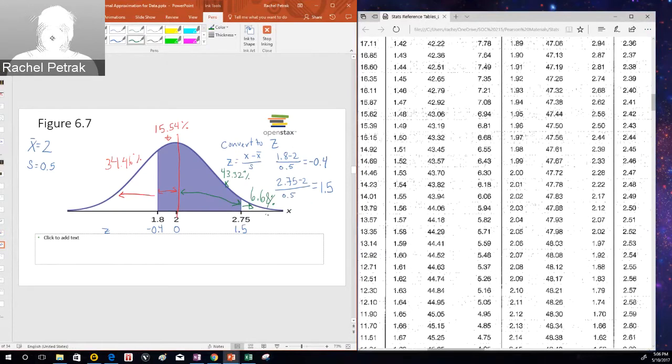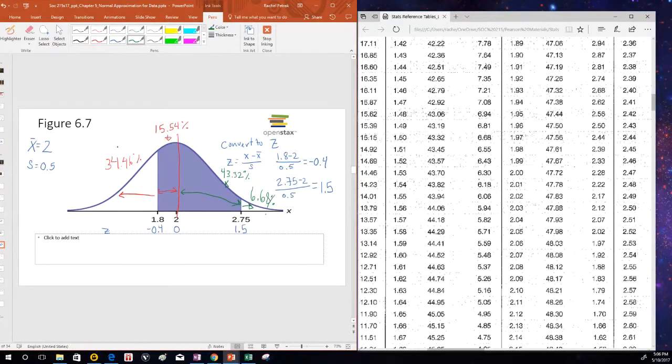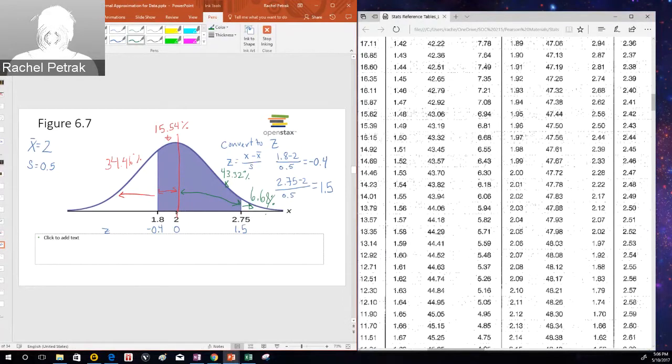Okay, so back to our example. Now what we need to do is figure out, now that we know all of these proportions, probably one easy way to do this would be to take our mean to z for negative 0.4, 15.54, and add the mean to z for the other side of our proportion of interest, which is 43.32.